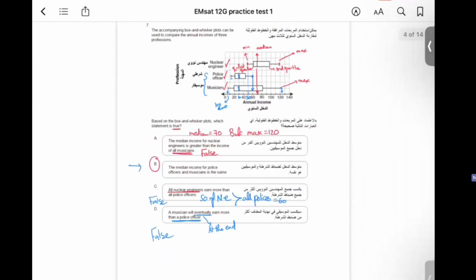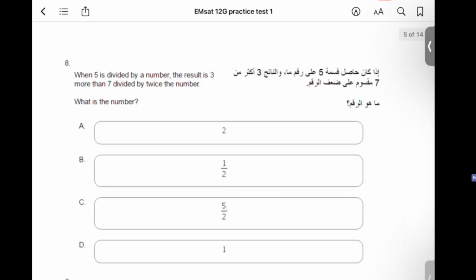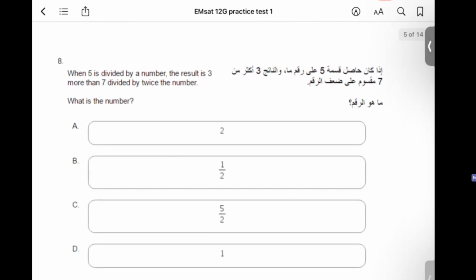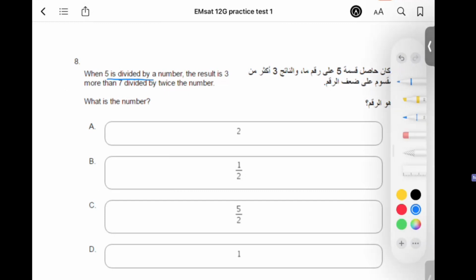Now we will go to the 5th page. And let me just speak about this question. He is saying a number 5 is divided by a number x.